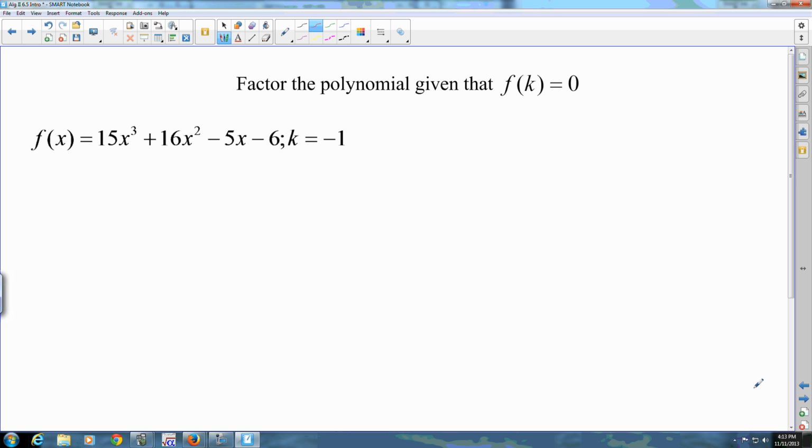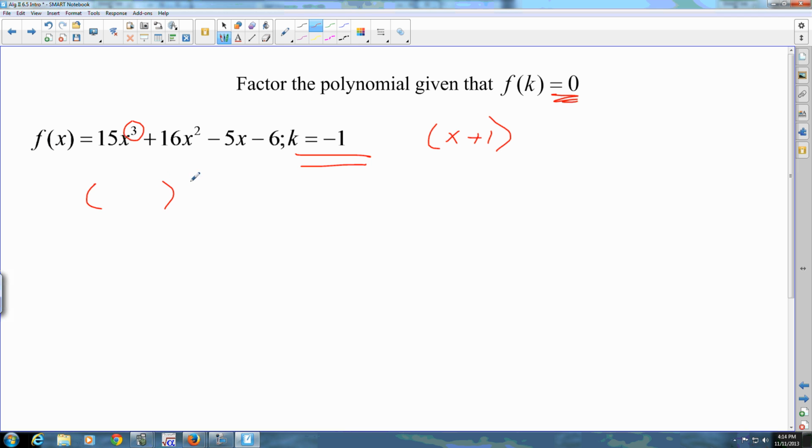Okay. Factor this polynomial. Well, I'm telling you one of the numbers is 0. This thing is a 0. So right away, you know that thing's a factor. Now, it's degree 3.